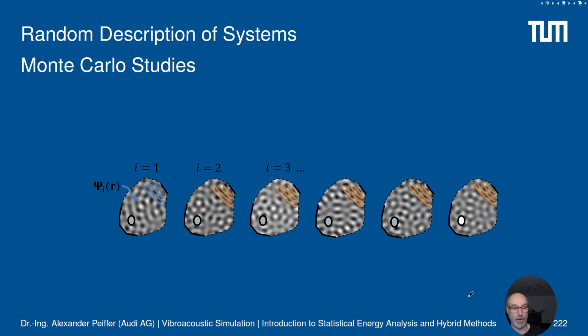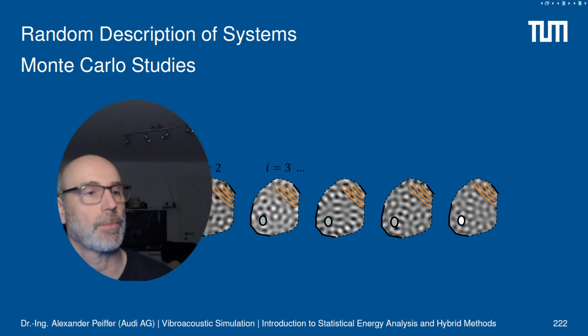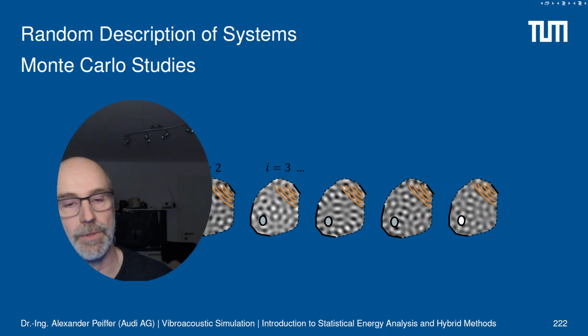I hope you enjoyed it. In my next session, I will talk about Monte Carlo studies on random systems. So we come back to the system idea of some of the earlier sessions, and we will modify the parameters a little bit and create the average.